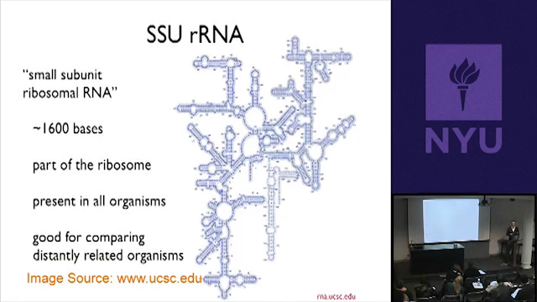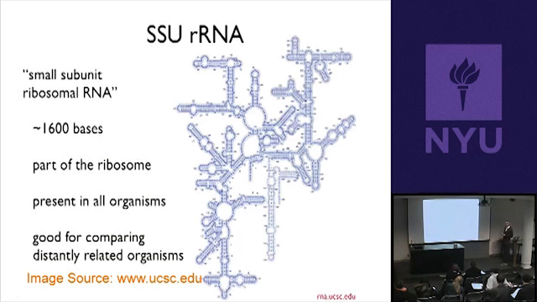In order to build the whole tree of life, you need a gene that every organism has. You can't use, for example, the lactose permease gene, because not every organism has that gene. You can't use a lot of genes that we have, because many organisms don't have those genes. So you have to find a gene that's present in all organisms, and the ribosome is a good place to look because the ribosome is present in all organisms.